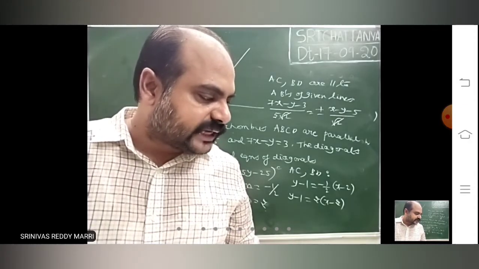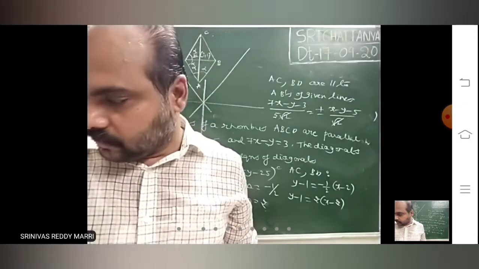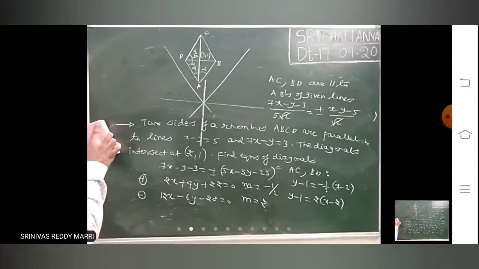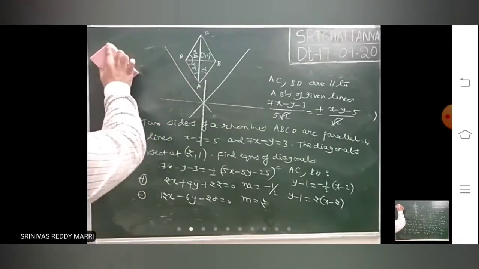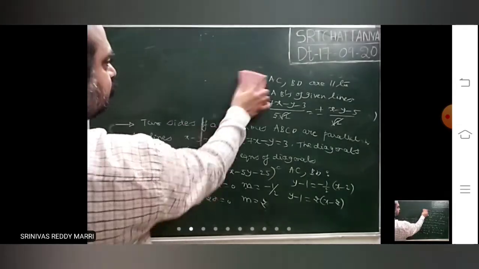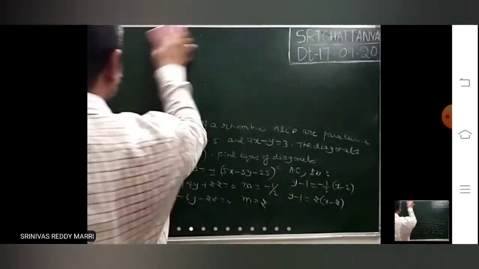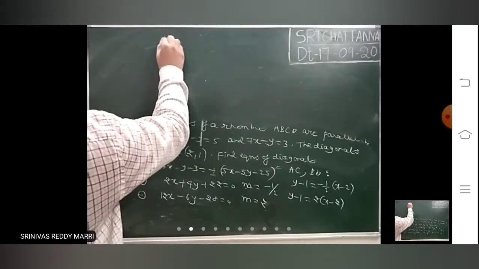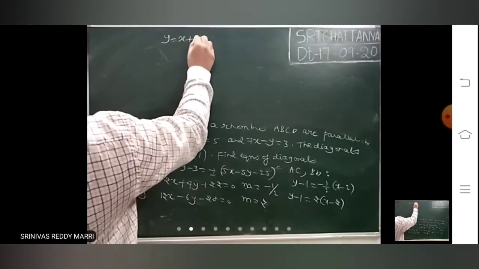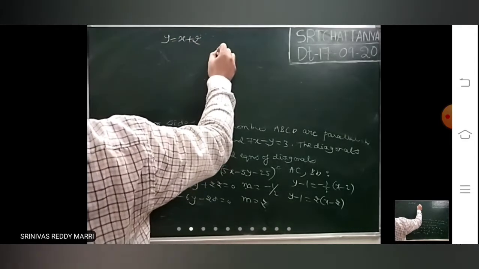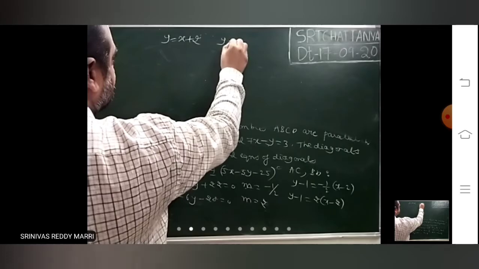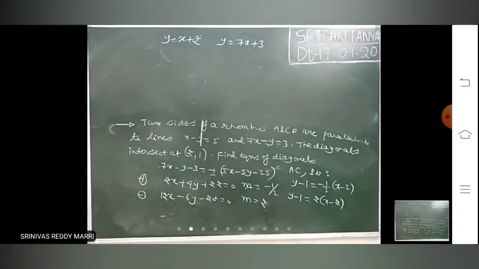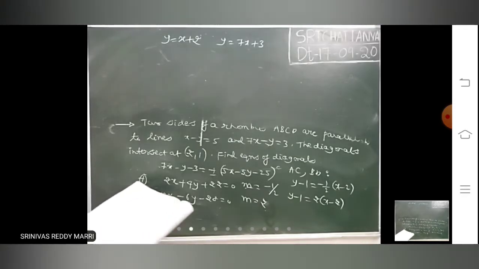Two sides of a rhombus are parallel to the lines y equal to x plus 2 and y equal to 7x plus 3.